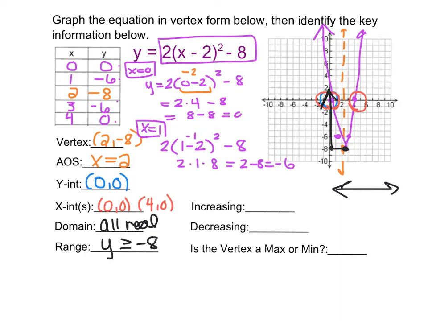Then from here, we need to identify the increasing and decreasing parts of our graph. Well, we are increasing, and I'm going to try to make this as clear as I can, over here to the right of x is equal to 2. Or, remember, you can write this as x is greater than 2.